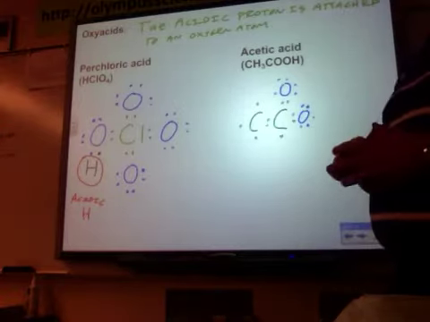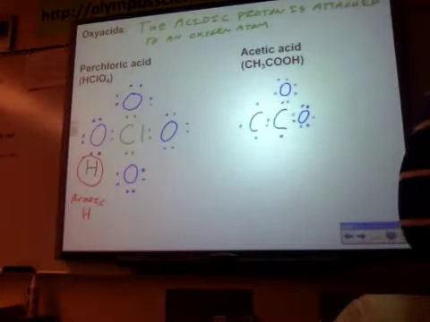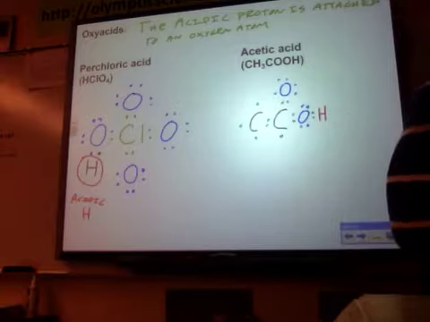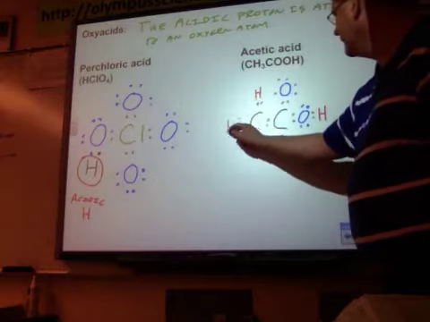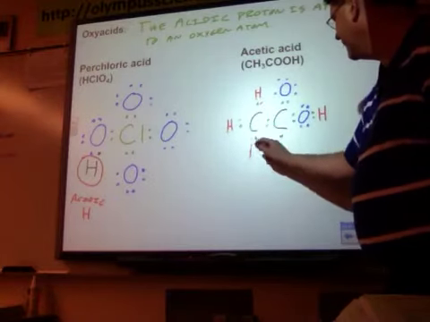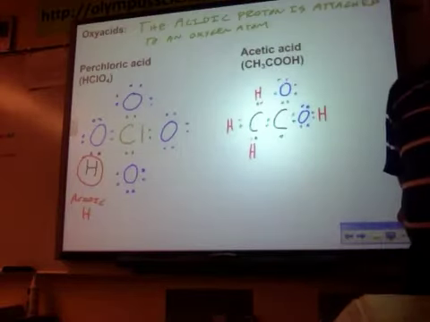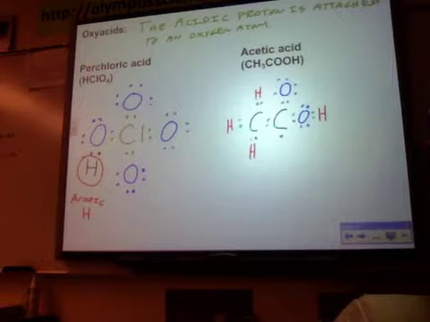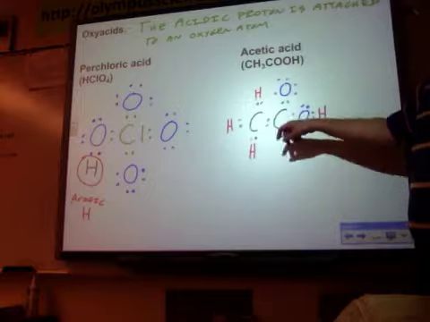Okay? And now we just have to put the hydrogens on. It would seem that one of them could go right there, and the other 3, probably there, there, and there. Anything else we need to do here? What is it? Yeah, this carbon's only got 7, and that oxygen's only got 7.